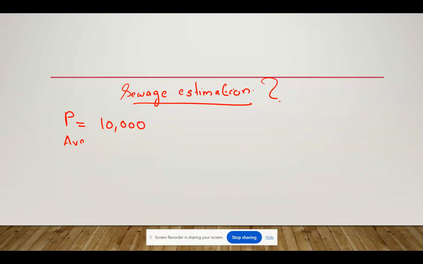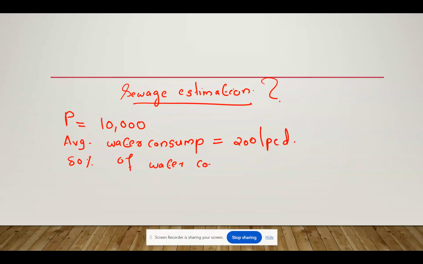Then average water consumption is 200 LPCD. Then 80 percentage of water consumption goes to sewage.